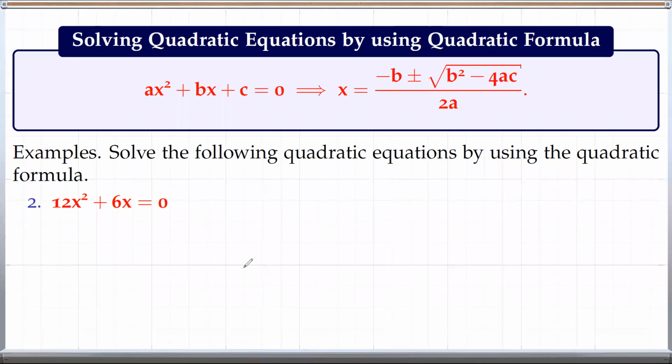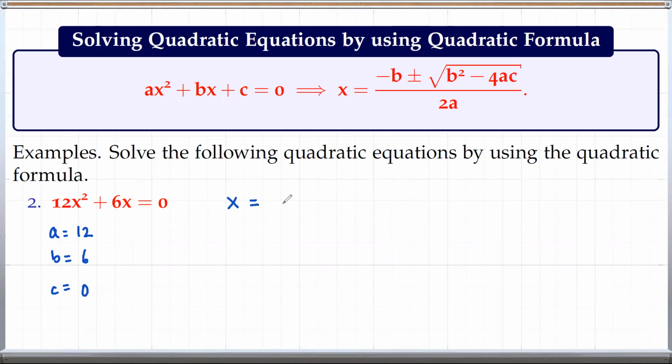Here we want to solve 12x squared plus 6x equals 0. Again, the first step is to identify a, b, and c. So a is the coefficient of x squared, which is 12. B is the coefficient of x, which is 6. And c is the constant term, which we don't have any of over here, so c is 0. Now we are ready to apply this formula.